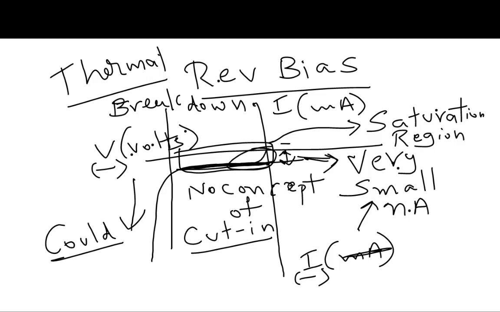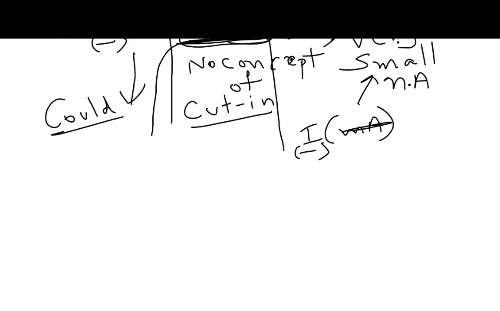So why am I saying it could get damaged? Because there is a way to utilize this breakdown region in such a way that the diode does not get damaged. In fact, there are certain types of diodes which operate only in the breakdown region. So, how does the current grow so fast?